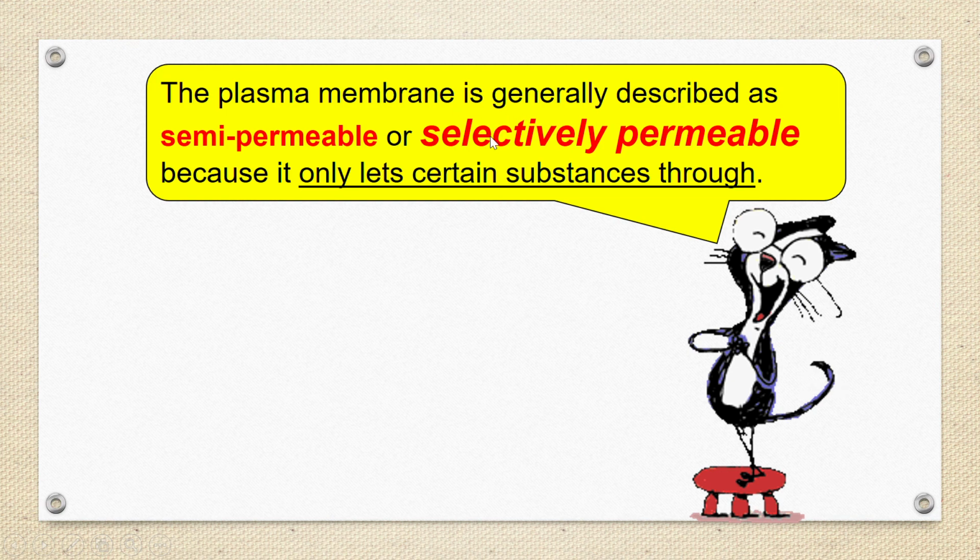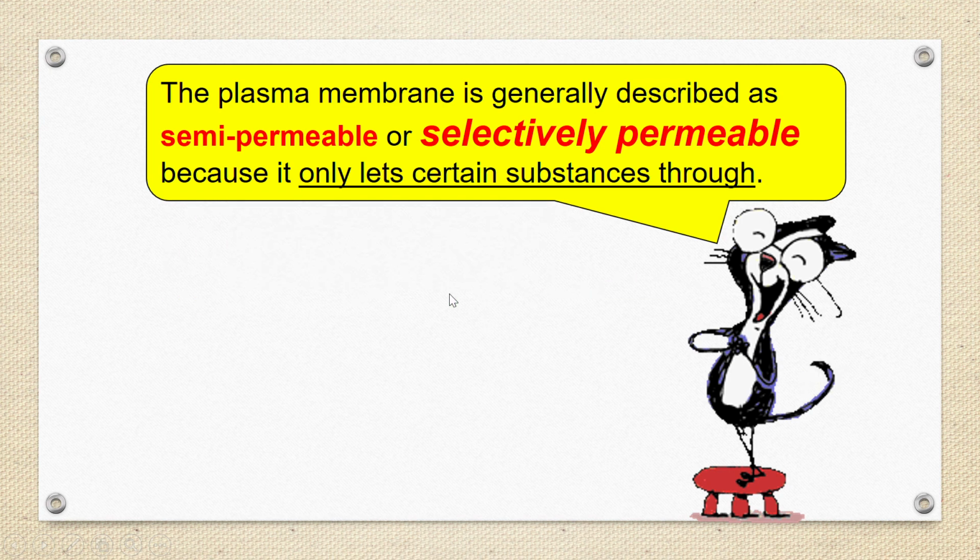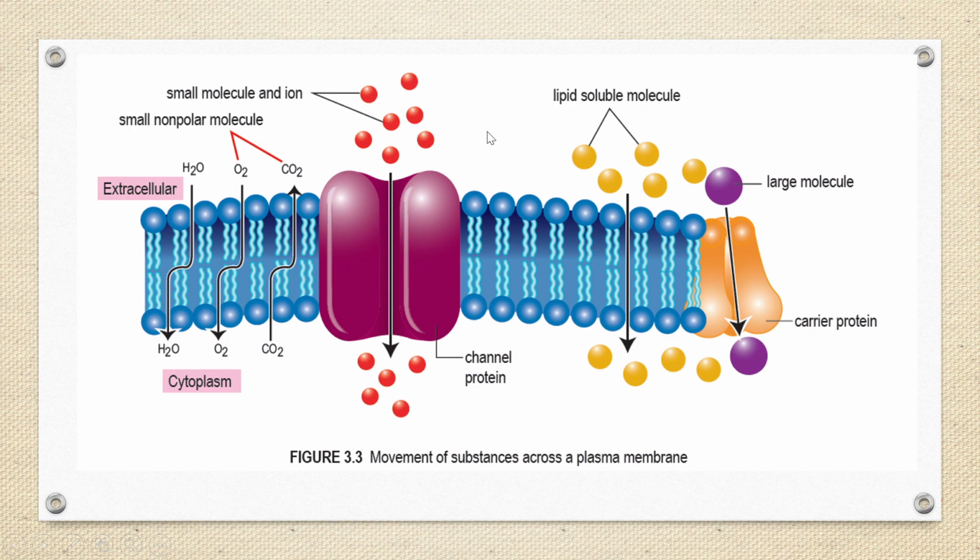Separa telak ini, selective, or certain substances sahaja yang boleh pass through it. Okay, for fat-soluble molecules and small molecules, such as oxygen, they are able to pass through unaided. Okay, apa maksudnya? Unaided tu tanpa bantuan, just diffuse in like that.